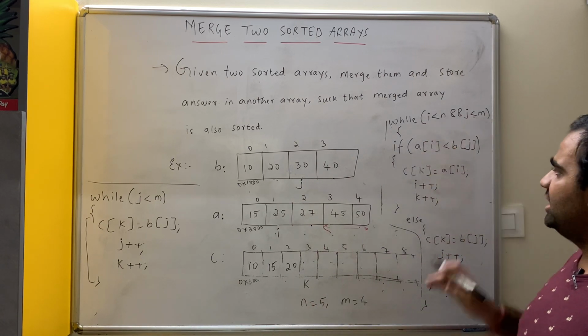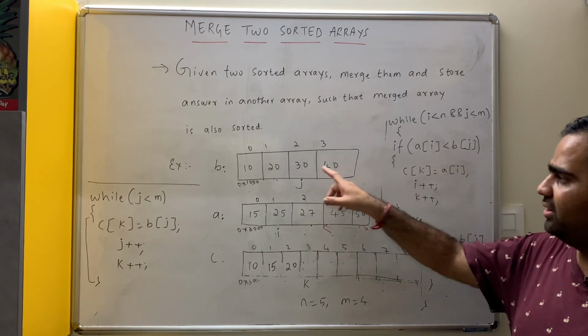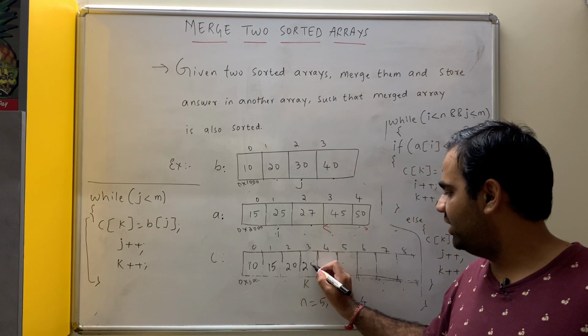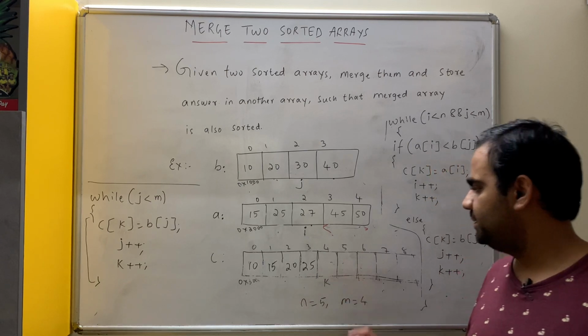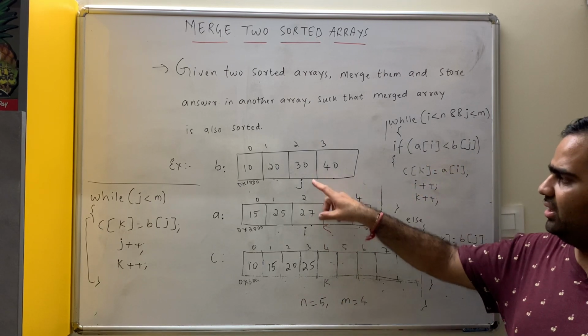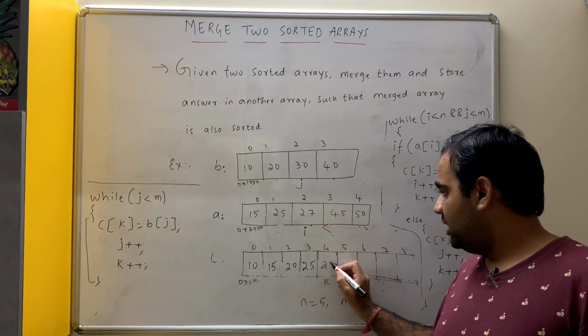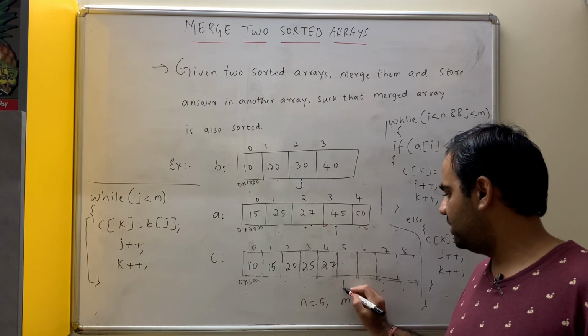Again you go. i less than n, j less than m. Yes sir. A of i is 25, B of j is 30, 25 less than 30. Yes sir. Therefore you write 25, you say i plus plus and you say k plus plus. Again you go, you compare 27 and 30, 27 less than 30. Yes sir. You write 27 here, you say i plus plus and you say k plus plus.